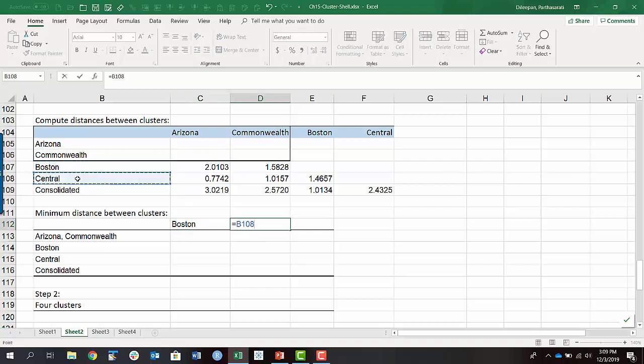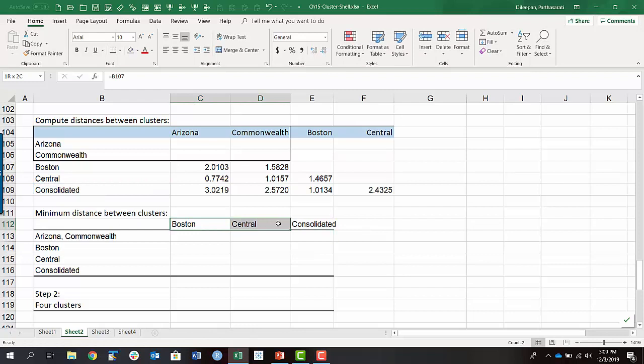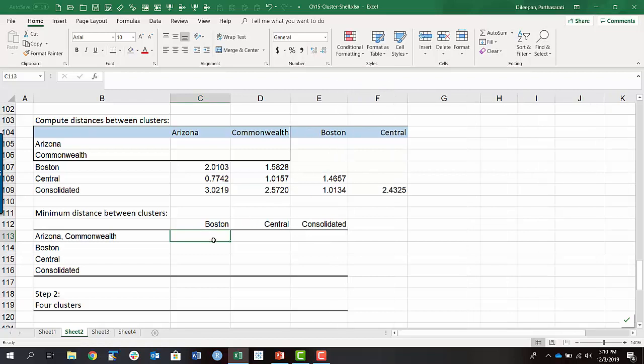So what is the distance between the Arizona and Commonwealth cluster and Boston, Central and Consolidated?